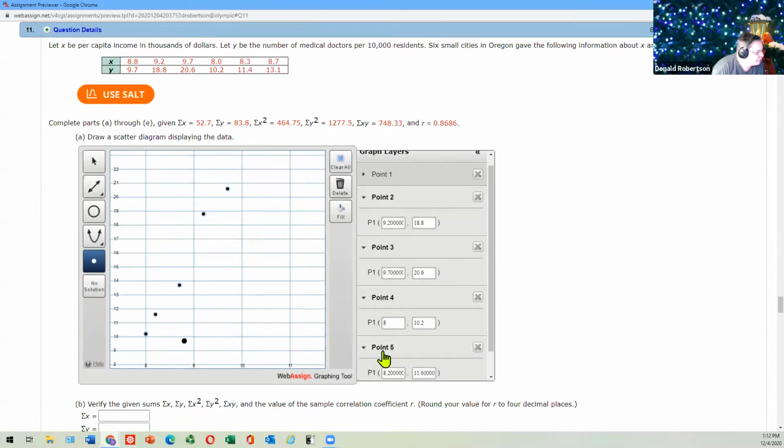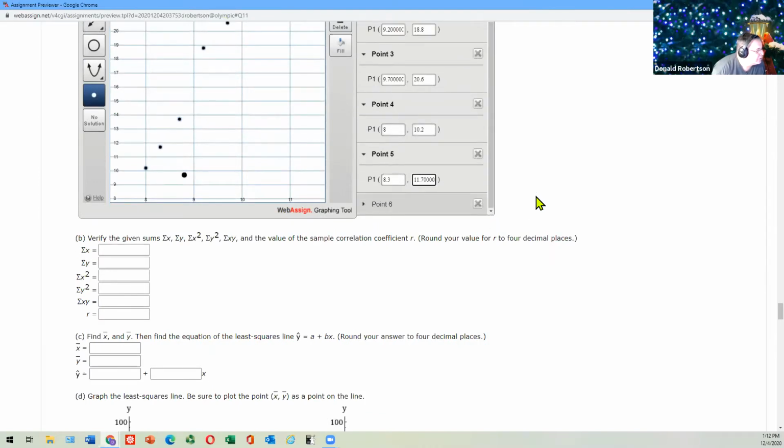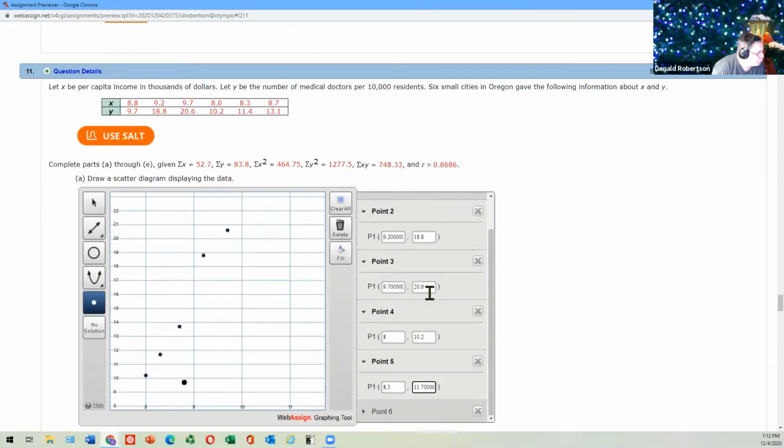Should be 8.3. Which is that. I don't know why it's doing all these padded zeros, but we'll just have to figure that out or ignore it. Put that in. And for completeness sake, I might as well do the last one. Whoa, that was bad.